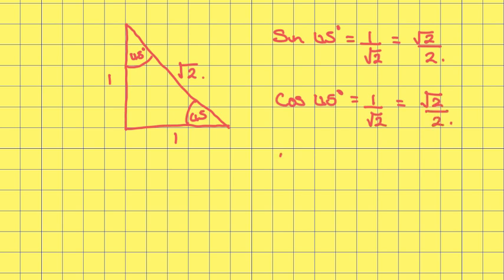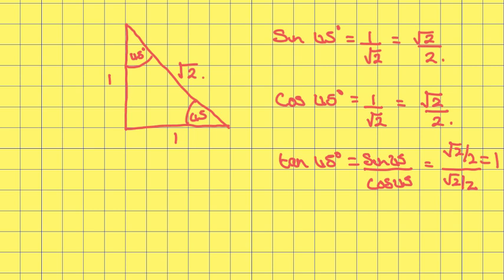And then tan 45 degrees is sine 45 degrees over cos 45 degrees, which is equal to root 2 over 2 divided by root 2 over 2, which is equal to 1.